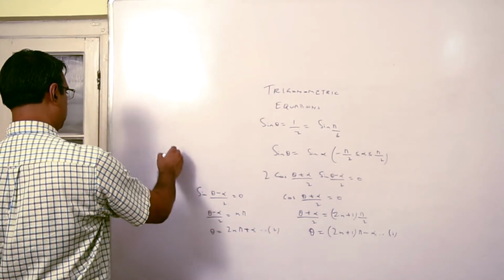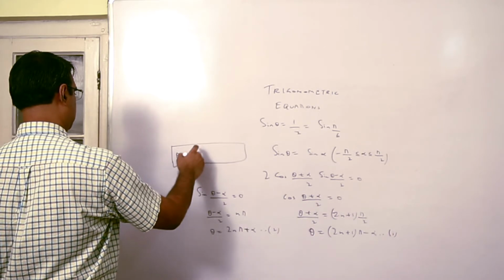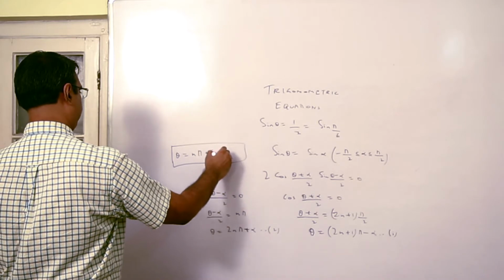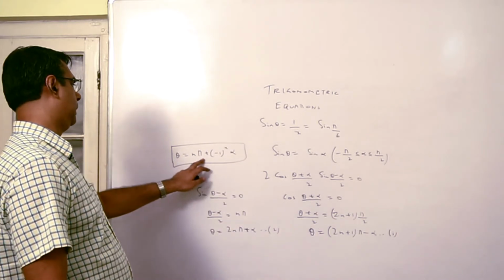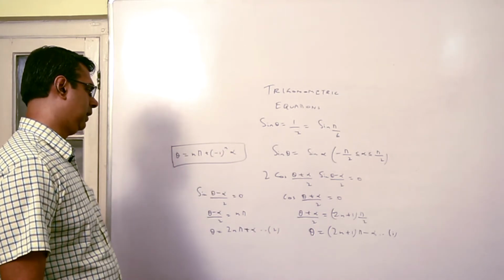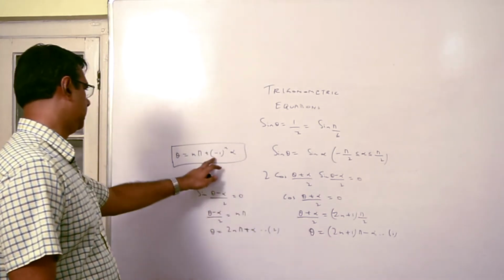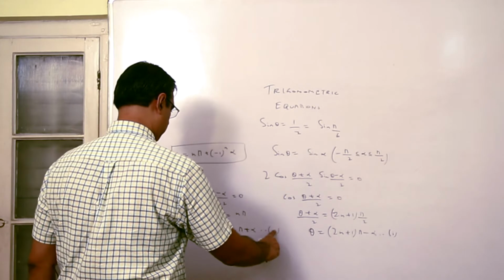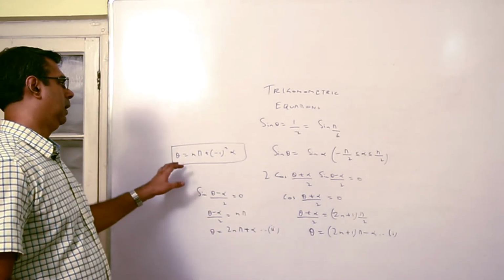If you combine both of them, then you get the first formula of this chapter, that is theta equal to n pi plus minus 1 to the power n into alpha. So when n is odd, it becomes this. When n is even, it becomes this. So this is the first formula of this chapter, that is trigonometric equations.